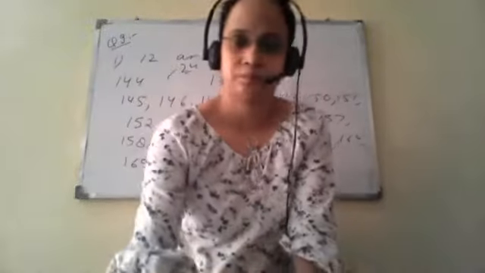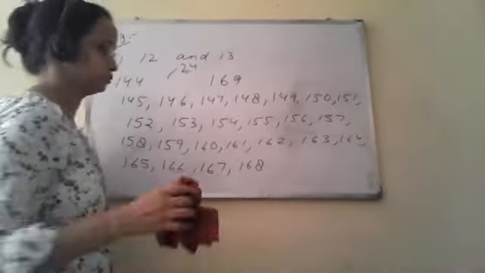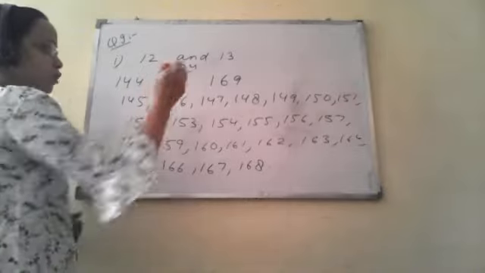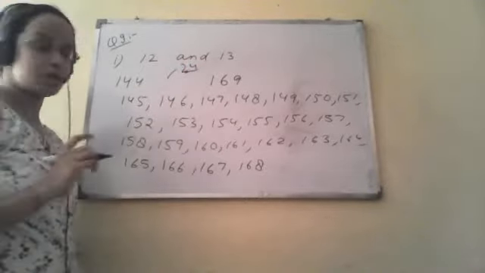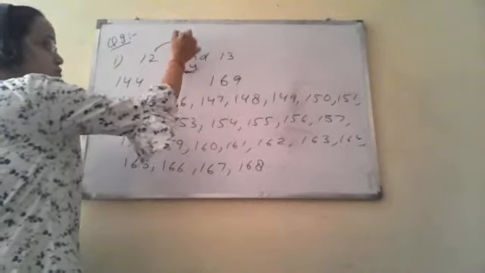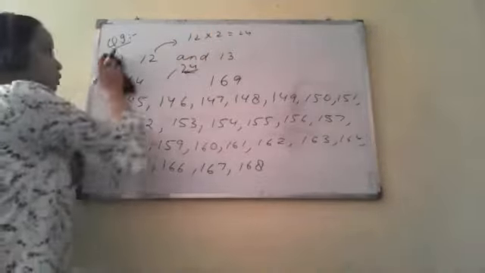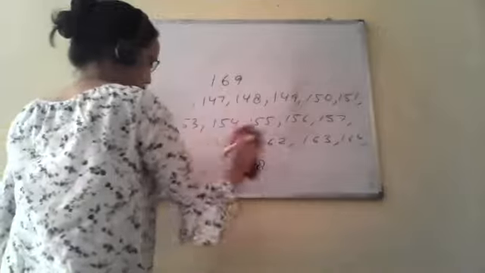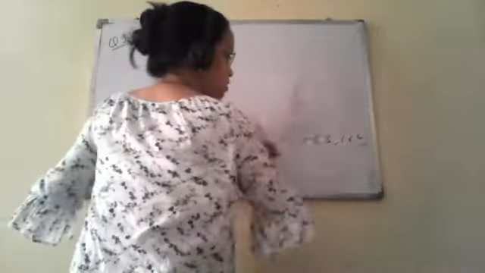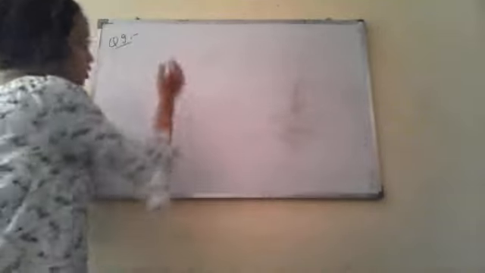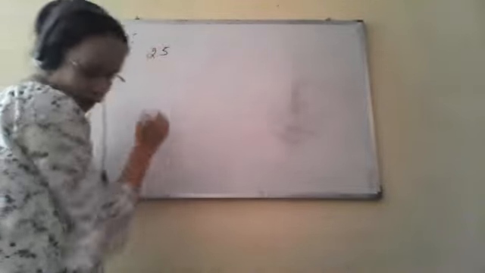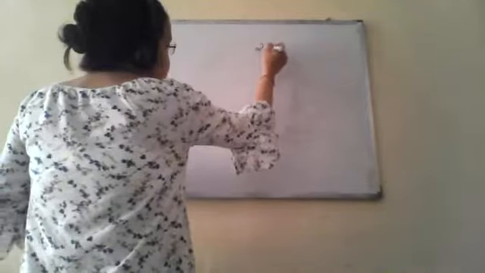So there are 24 numbers. And if you see, this 24 is twice this 12. Now a similar pattern you will observe when you calculate for 25 and 26.